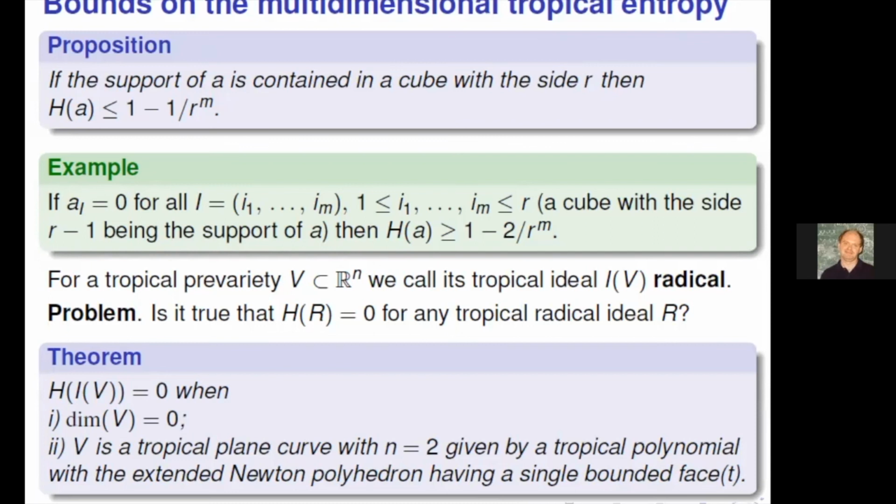Entropy appears everywhere when you are talking about some infinite-dimensional space which is growing by finite fragments, and then you ask how fast these fragments grow. That's what entropy describes. If you have a situation like this, you can always talk about entropy.